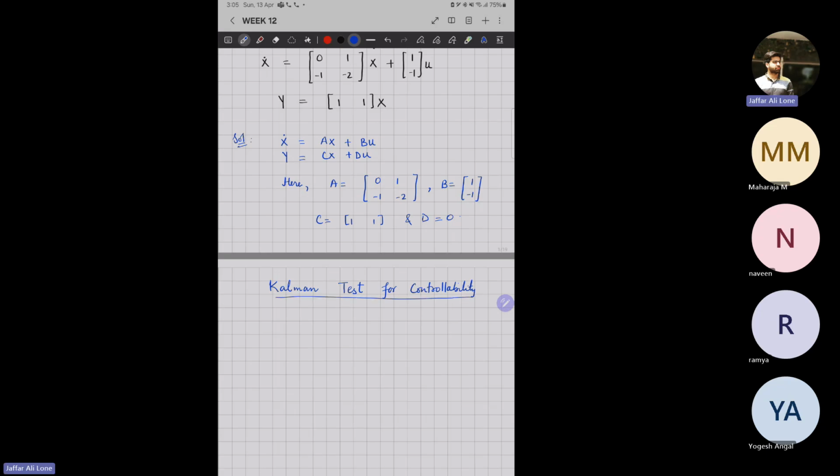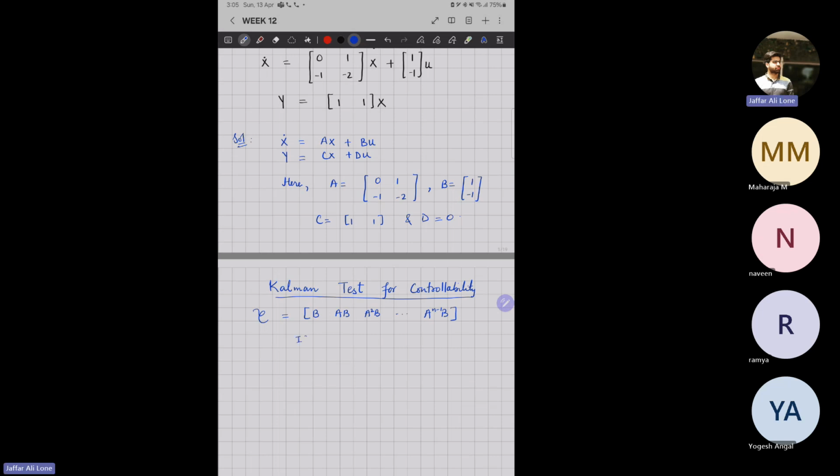Kalman's test for controllability says to make a matrix MathCal C, which is given by B, AB, A squared B, and so on up to A to the n minus 1 times B. Check its rank.